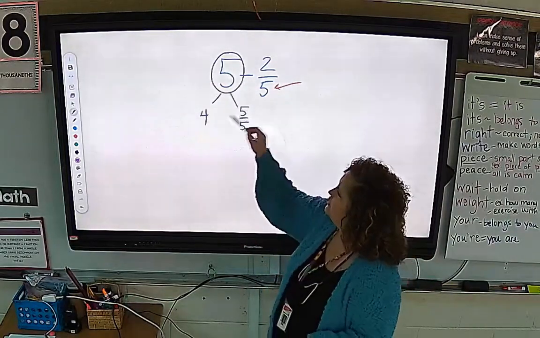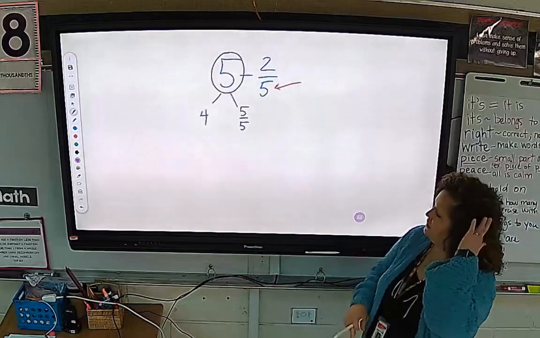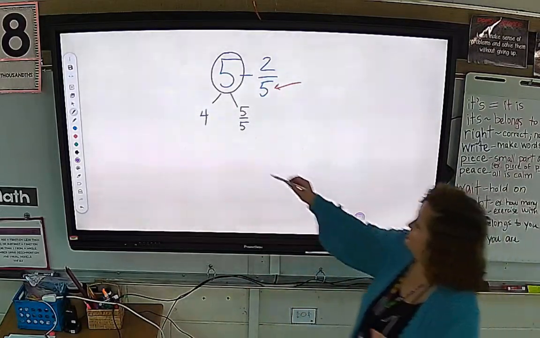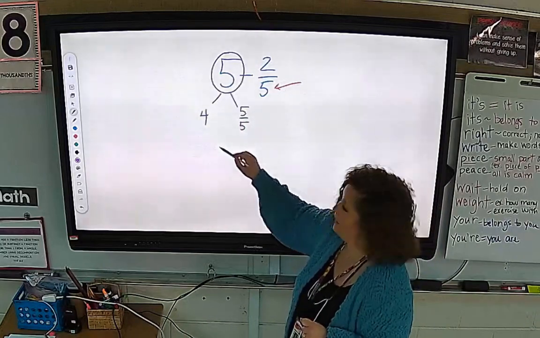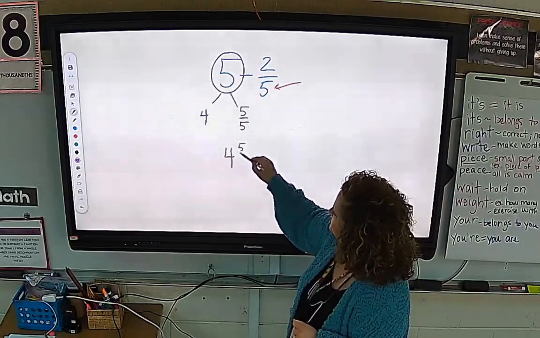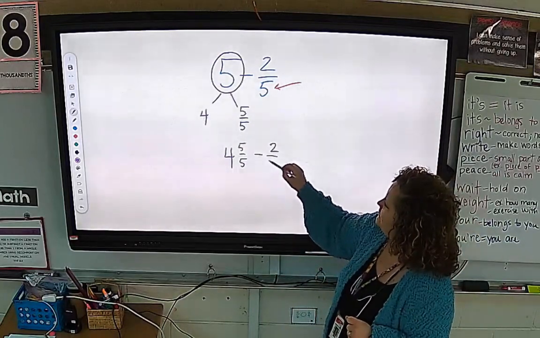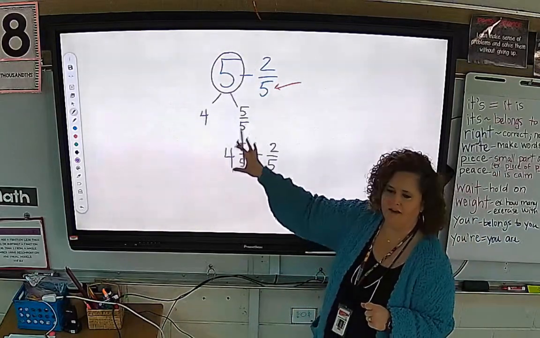So, Alexander, what would I do next? This right here? Okay. So, 4 and 5/5. Yeah, I have to rewrite that math problem. Just the 5 has a new name.